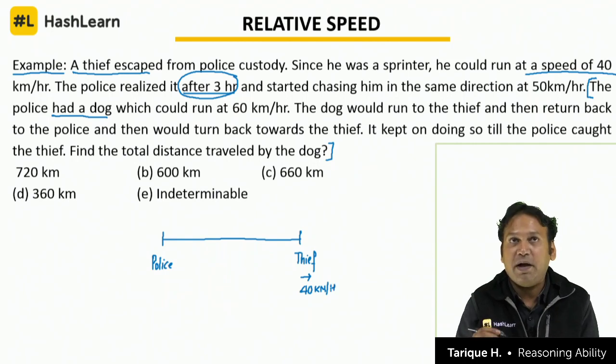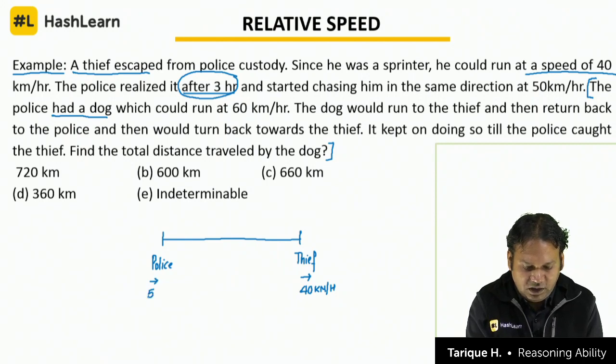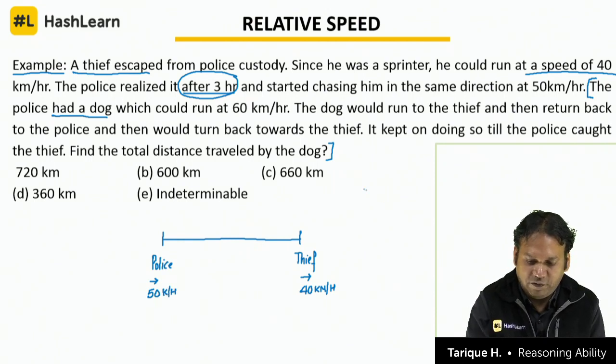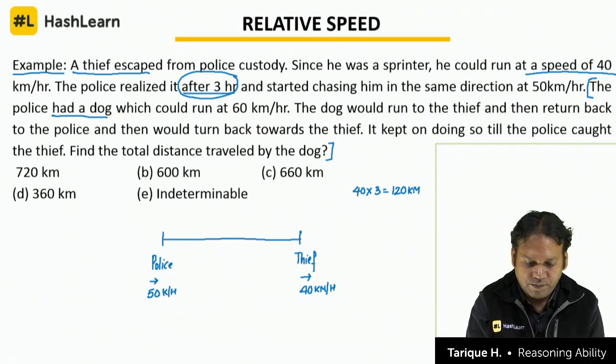Thief कितने स्पीड में भाग रहा है? 40 किलोमीटर पर आवर और पुलिस is chasing the thief at 50 kilometers per hour. So पहले तो ये टाइम देखिए, 40 into 3, 120 kilometers. So thief has taken a lead of how many kilometers? 120 kilometers.